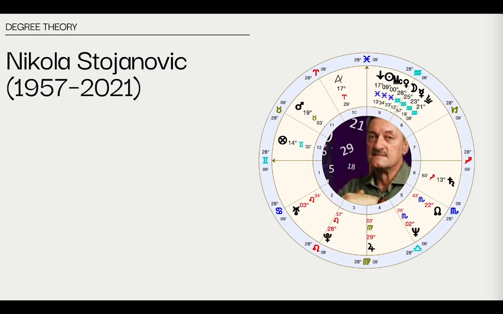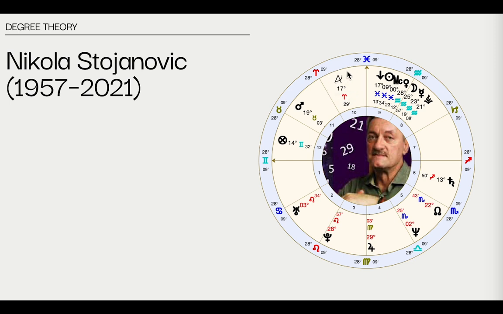So this is Nikola Stojanovic, and this is his natal chart. And I think it's fascinating if you take a look at this asteroid here. This is Urania.